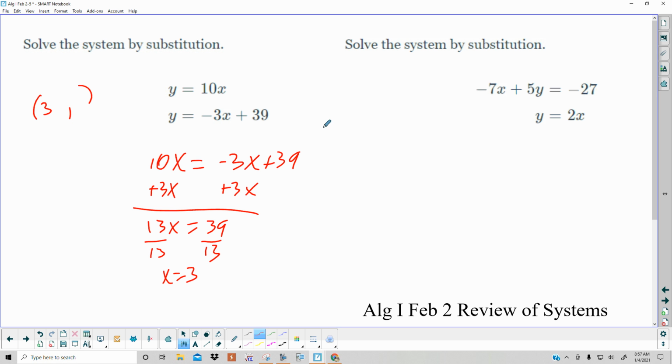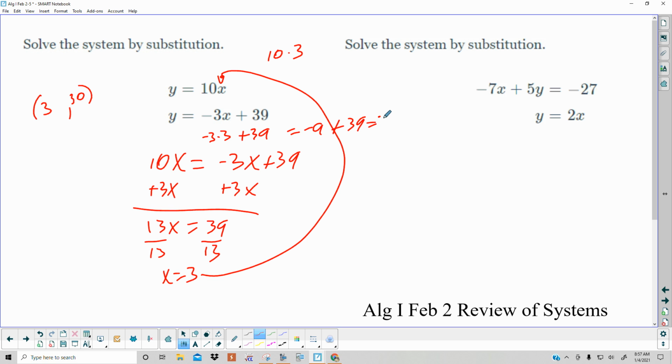You only have the x, so take that x and fill it back into either equation. That'd be 10 times 3 is 30. Or if you filled it in this one, you'd have negative 3 times 3 plus 39, which is negative 9 plus 39, which is 30. So you can fill it into either one.